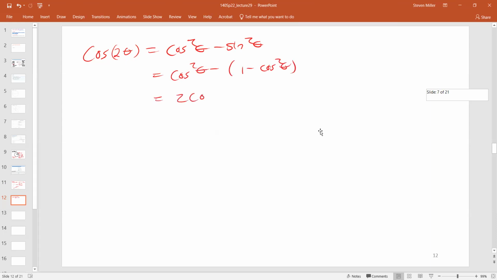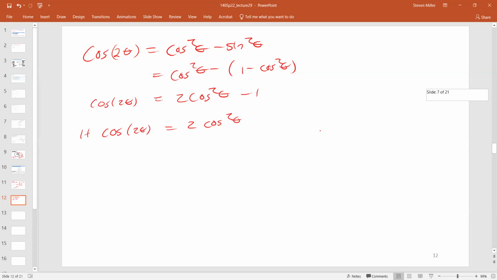So this is 2 cosine squared theta minus 1. So cosine 2 theta plus 1 equals 2 cosine squared theta.